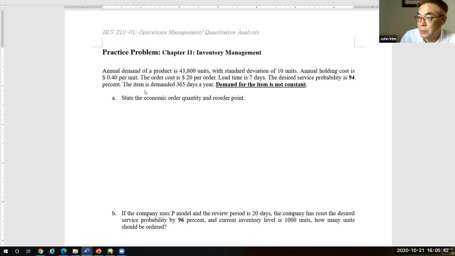Then the item is demanded 365 days. If given demand days is like 280, then I use 280, whatever number given. And demand for the item is not constant. Because demand is not constant, we should use the safety stock model, using this one, 94%. Then state the economic order quantity and reorder point.